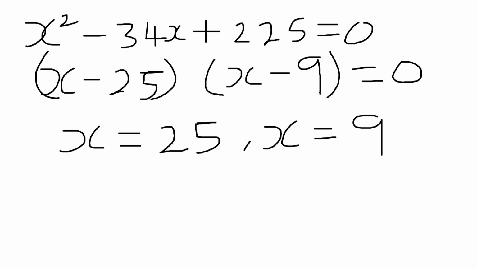Before we can have the product of this and this to be equal to 0, that's telling us that at least one of them must be equal to 0.